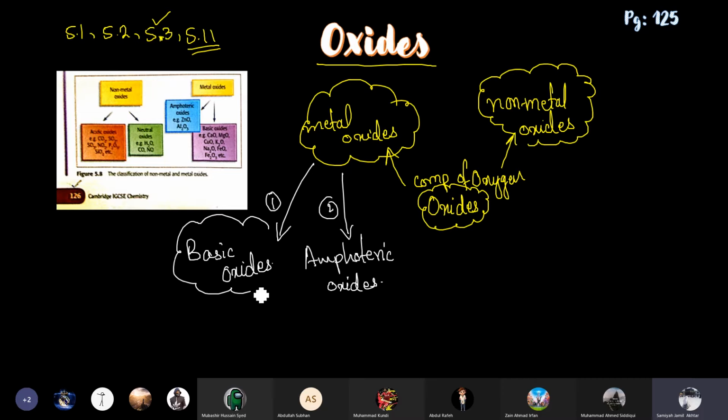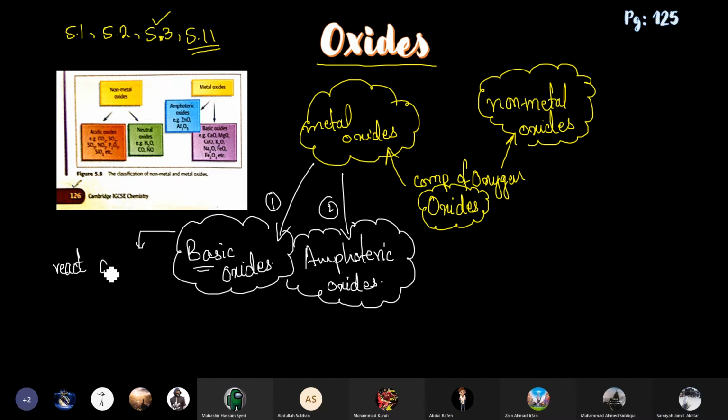Most of the metal oxides are basic oxides, very few of them are amphoteric. Basic oxides, as the name indicates, react as a base, or show the properties of a normal base.